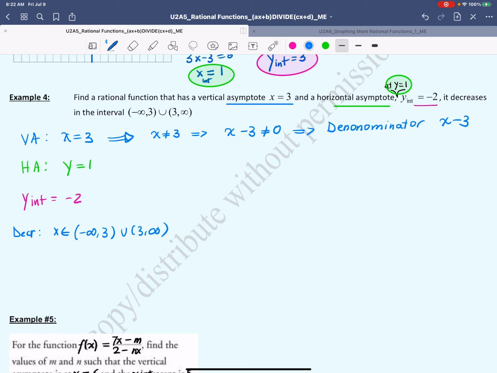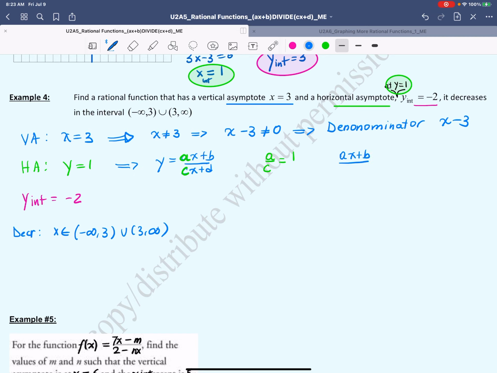The next information given is that the horizontal asymptote is at y equals 1. Remember that we're finding a function in the form y equals ax plus b over cx plus d. And horizontal asymptotes, we said, are found by finding the ratio of the leading coefficients. So the ratio a over c is equal to 1. We have ax plus b.